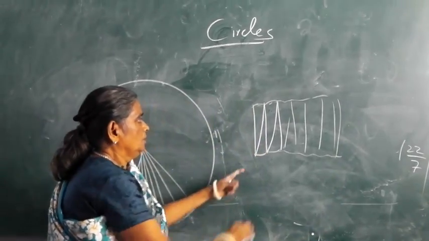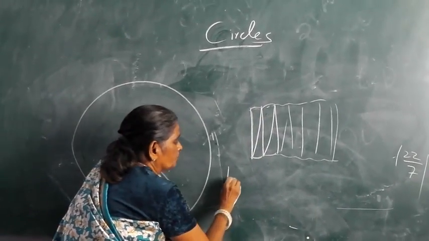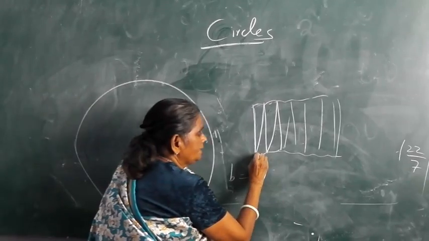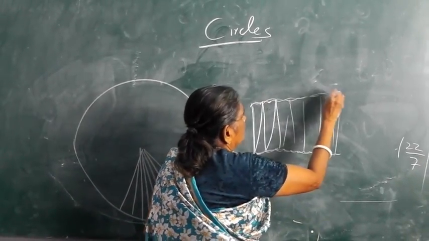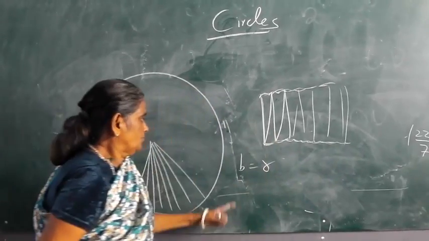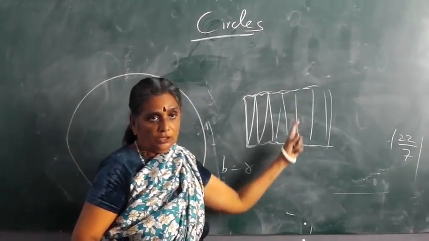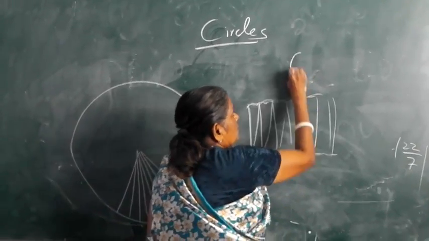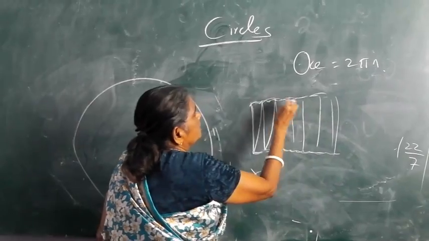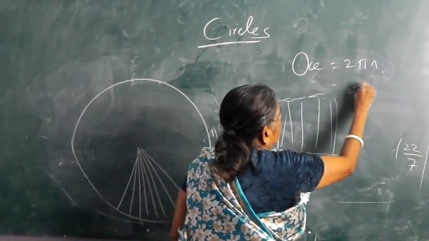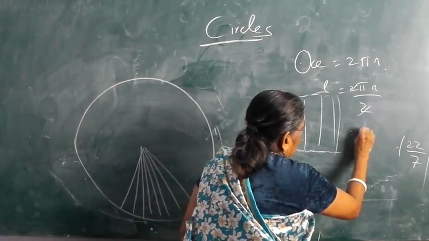Now, you know clearly the breadth of the rectangle is nothing but the radius. As for the length, these two give both the lengths. This circumference just forms two lengths. Already you know the circumference is 2 pi r. So a single length will be 2 pi r by 2, that is pi r.